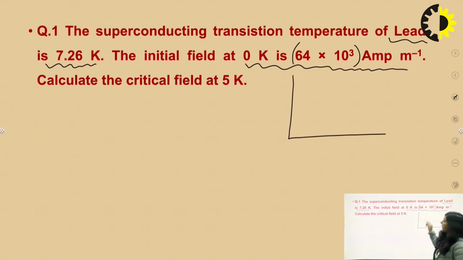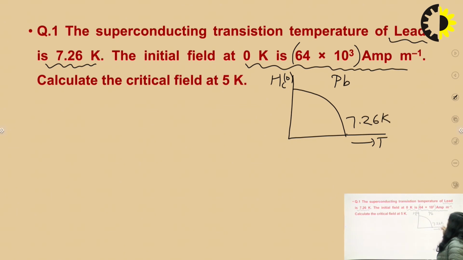You have a superconducting material, and that superconducting material is lead. Along this direction, we have temperature. Along this direction, we have critical magnetic field. This critical temperature is 7.26 Kelvin. Now, below 7.26 Kelvin, we have this temperature, which is 5 Kelvin. And according to the question, the critical field at 0 Kelvin is also given.